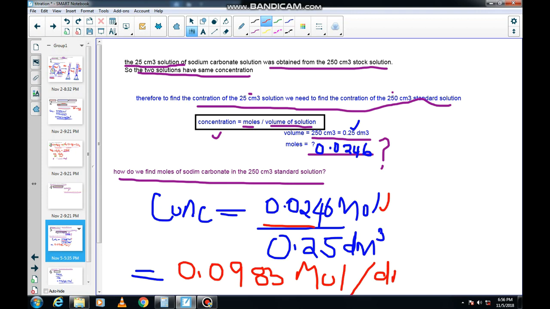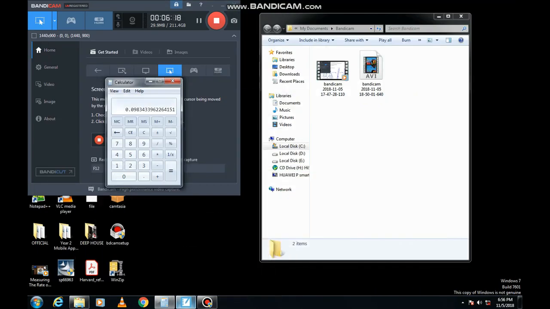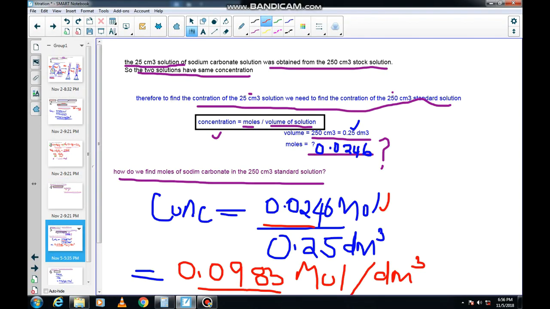This is the concentration of the 250 cubic centimeter solution, which we said is the same as the concentration of the 25 cubic centimeter solution. Therefore, the concentration of the 25 cubic centimeter solution is 0.0983.